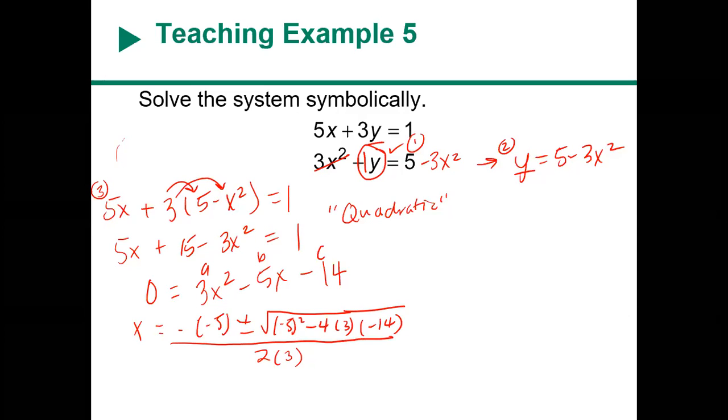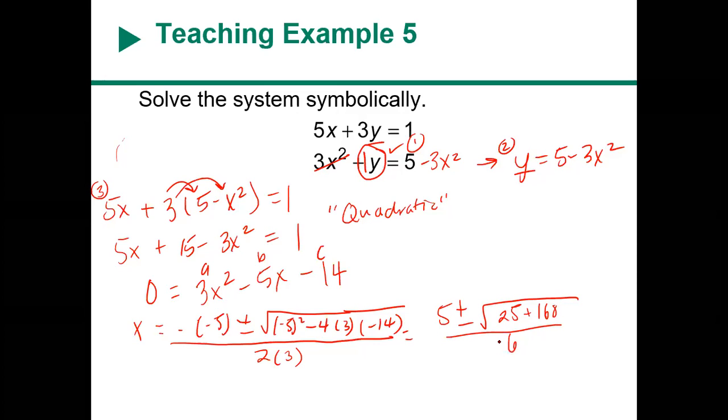Okay, so doing the math for the quadratic, we have a negative times a negative is a positive. So we have 5 plus or minus the square root of 25 plus 168, which is 12 times 14. Is it 168? Could be making that up. I feel like it's right.